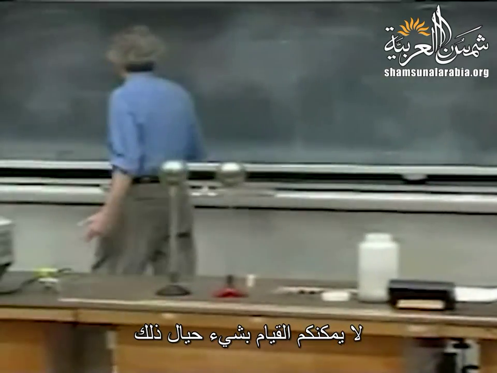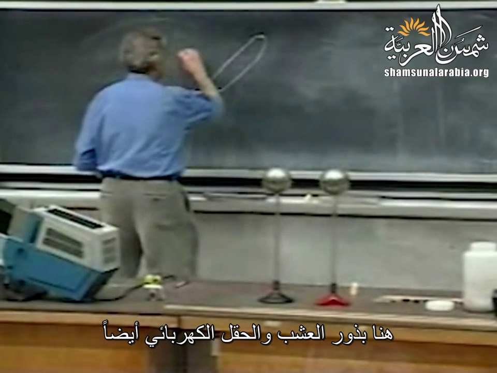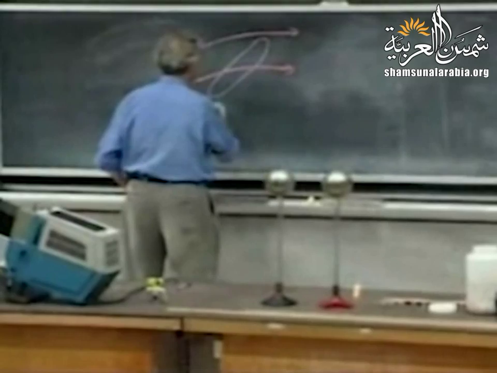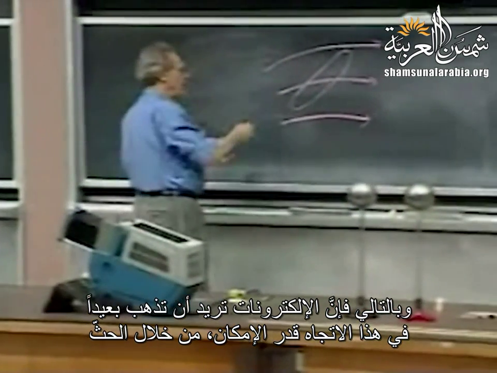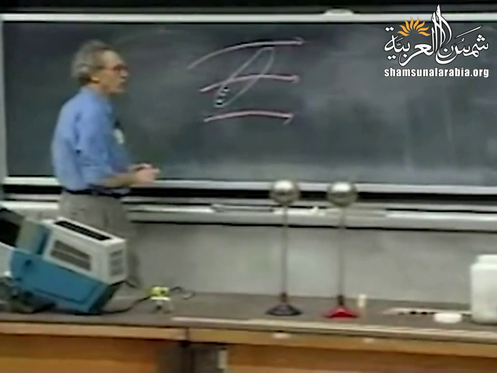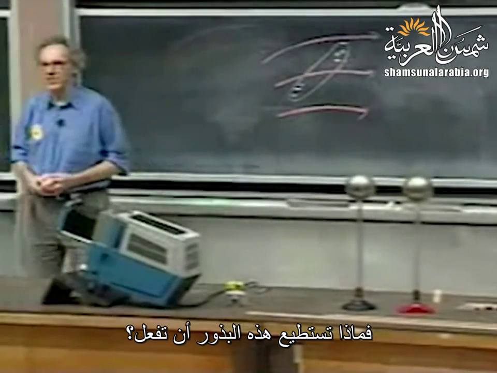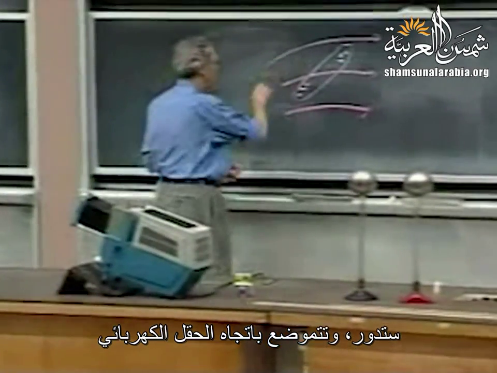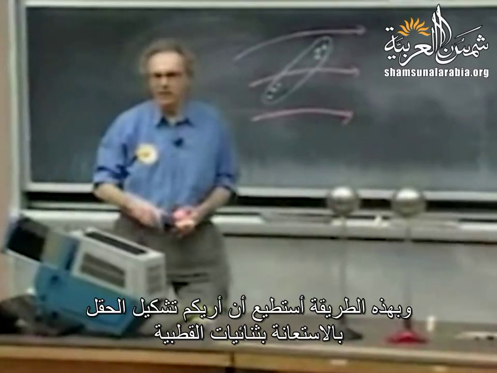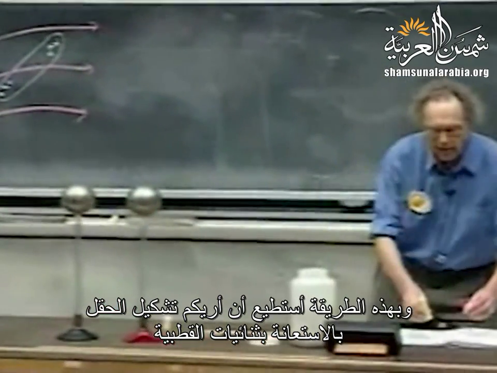There's nothing you can do about it. Here's a grass seed, and the electric field is like so. And so the electrons want to go as far away in this direction as they can through induction. And so this side remains positive. And so what is this grass seed going to do? It's going to rotate. It's going to line up with the electric field.